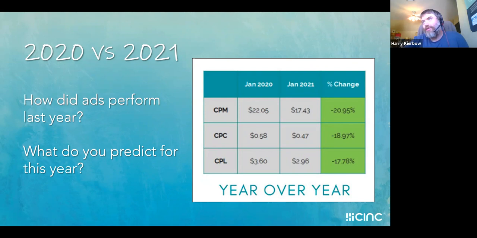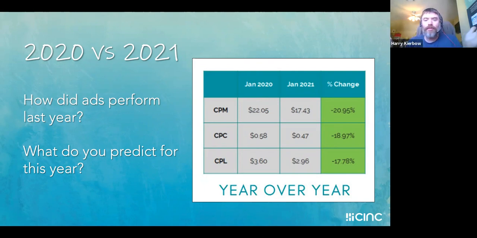If you're looking at this chart, CPM stands for cost per mille. That's the average cost to show an ad to 1,000 people on Facebook, so 1,000 impressions. That shows there are more people in the audience as a whole, and fewer people trying to show ads to them.